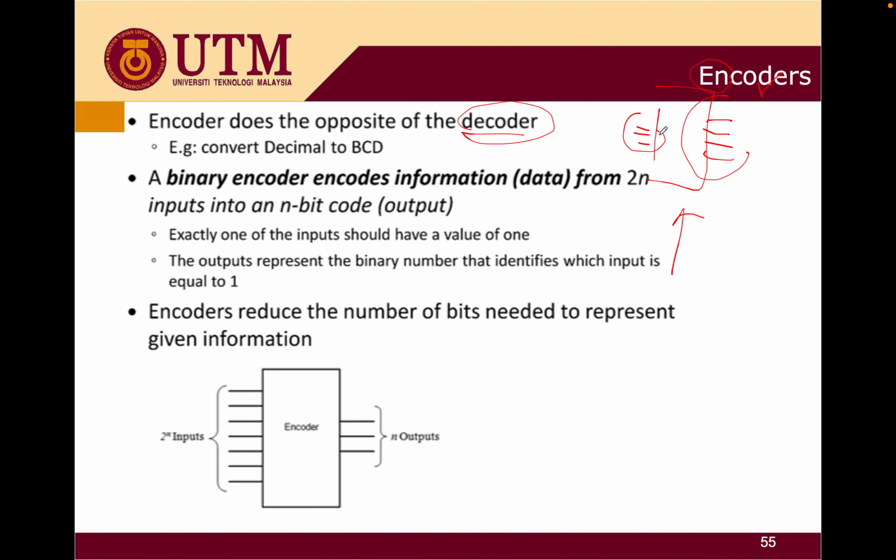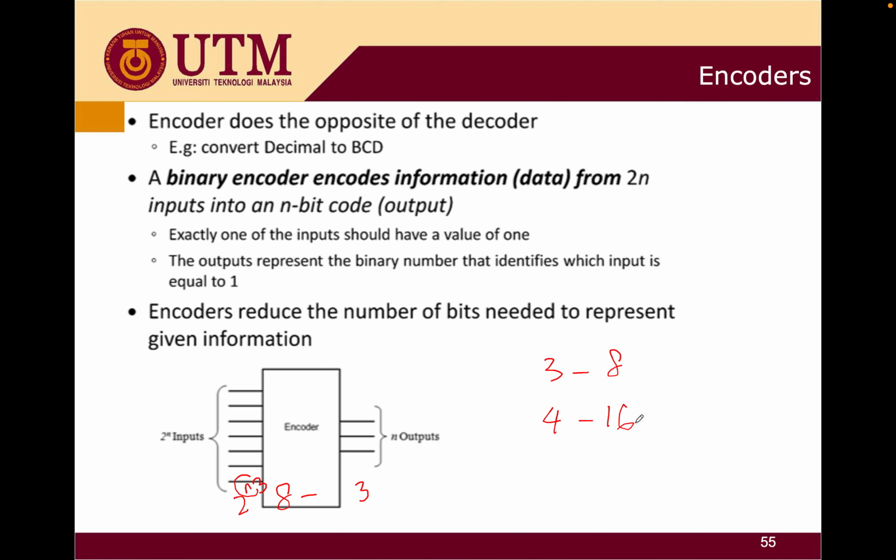For a decoder, the output is many and the input is fewer, while for the encoder there are many inputs compared to the outputs. So it's vice versa. Let's say you have 2 to the power of n inputs, this will be 8 to 3. Just now for the decoder you had 3 to 8 and another one 4 to 16, isn't it? So for the encoder, you're going to have the vice versa.